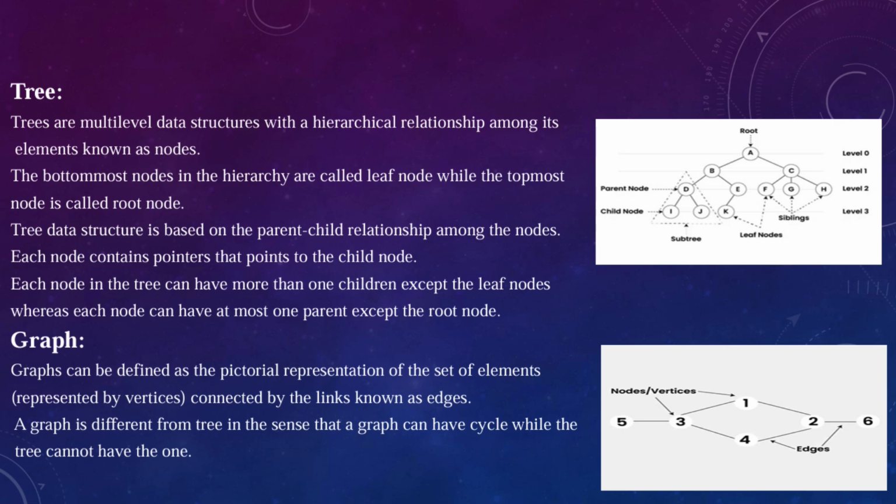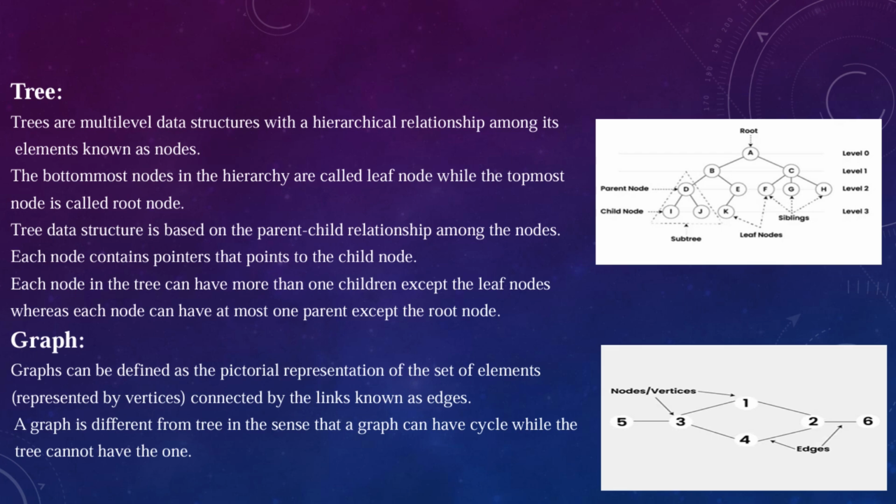In nonlinear data structure we have tree. Tree is a nonlinear and hierarchical data structure where the elements are arranged in a tree-like structure. Trees are multi-level data structures with a hierarchical relationship among their elements known as nodes. The bottommost nodes in the hierarchy are called leaf nodes, while the topmost node is called the root node.